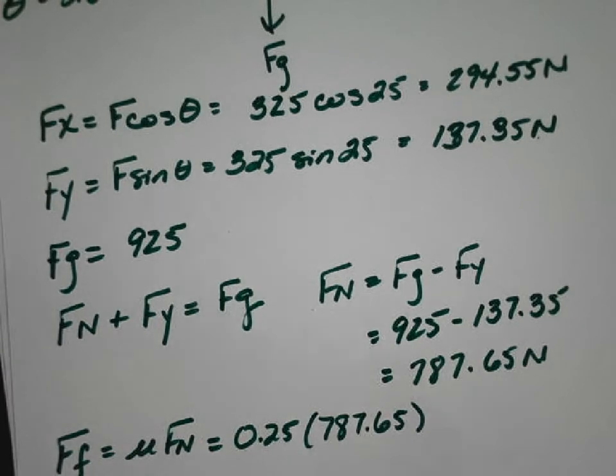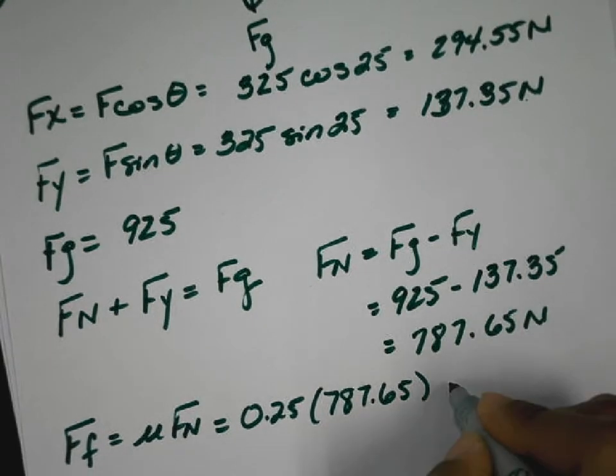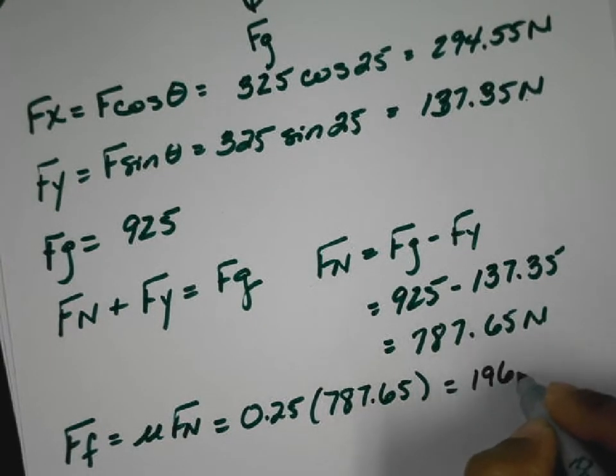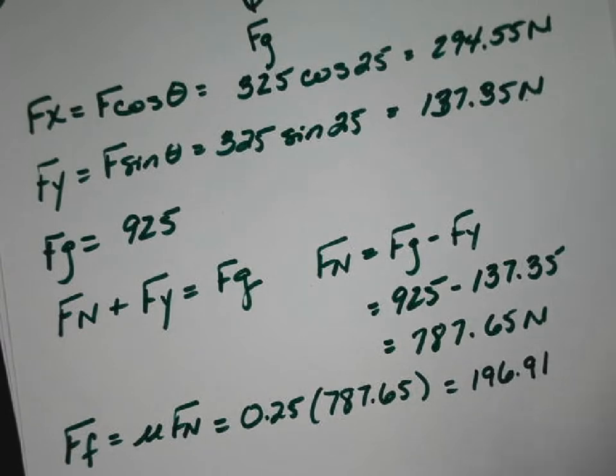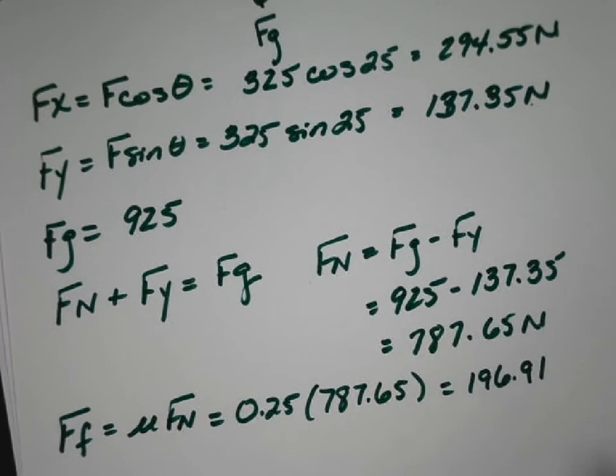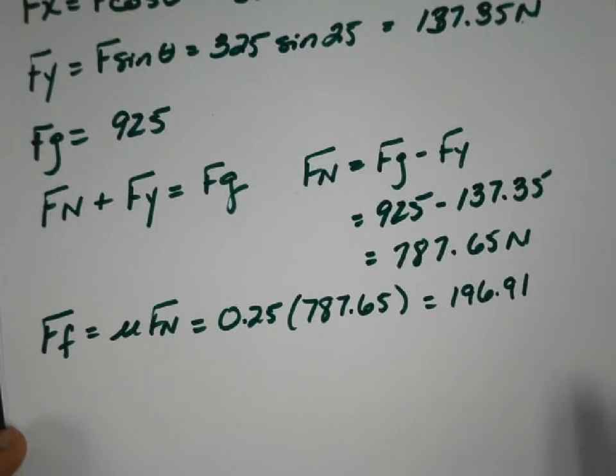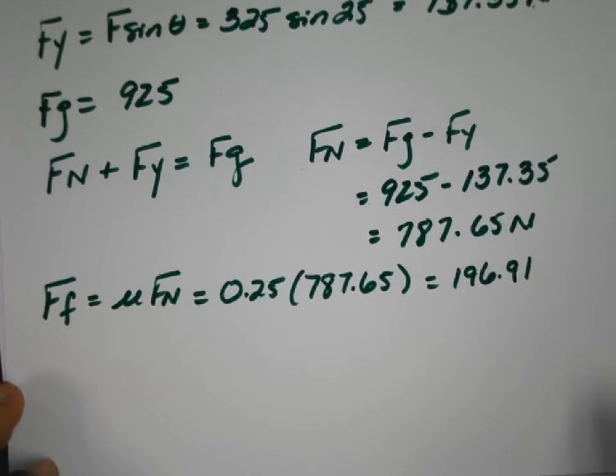Let me plug that into my calculator real quickly. 0.25 times 787.65, I get 196.91. That's friction. I'm hoping everybody can follow along. I'm hoping this kind of makes sense.